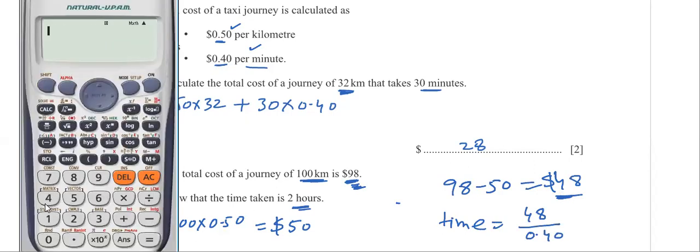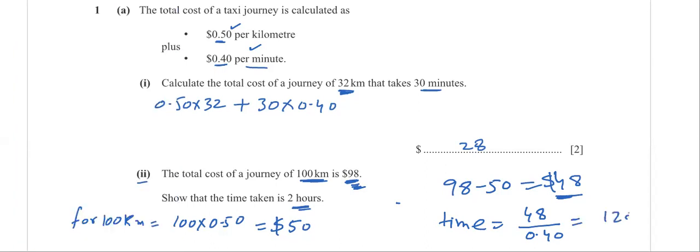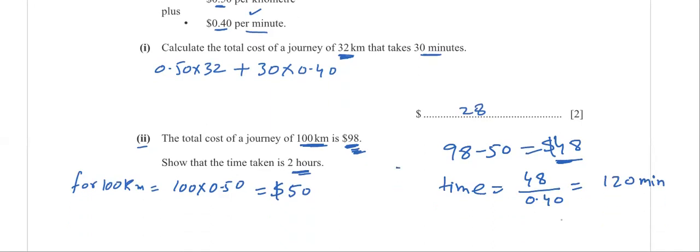So 48 divided by 0.40. By mistake, I wrote 40. So it is giving us 120 minutes. And 120 minutes means 2 hours. Yes, that will be equal to 2 hours. So we prove that the time taken is 2 hours.